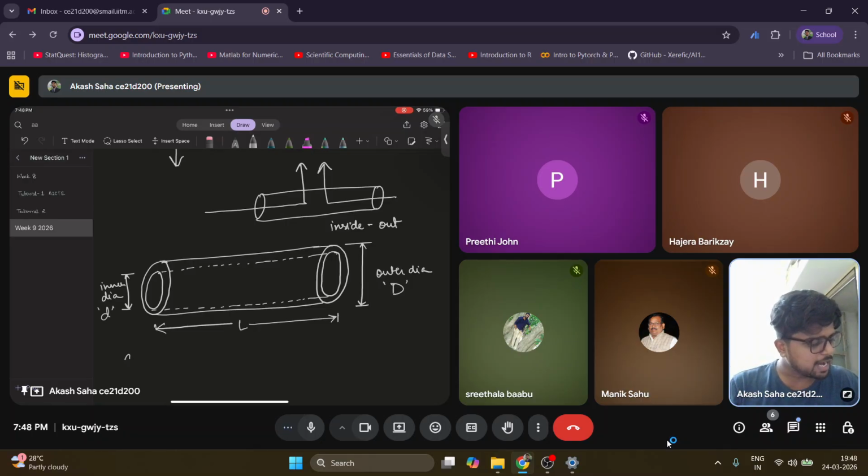If it is outside in, my effective surface area through which the water can come inside will be pi DL. Does that make sense? The surface area of a cylinder.